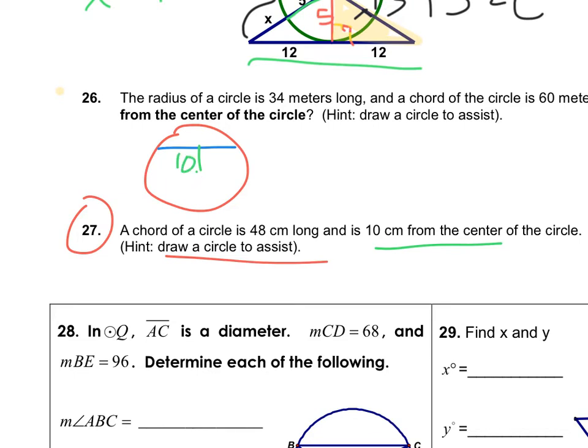Since that segment is part of the radius, you need to know that the chord is getting bisected. And so now you can create a right triangle there.